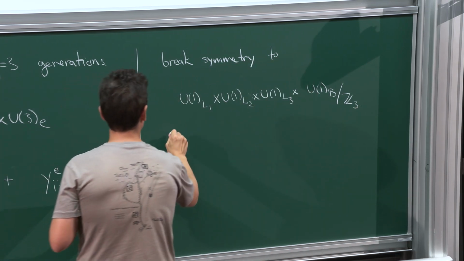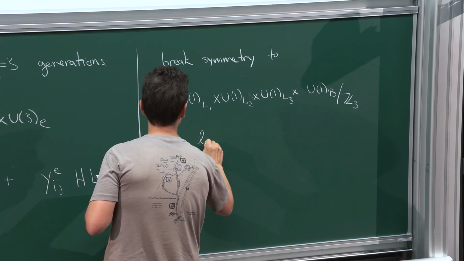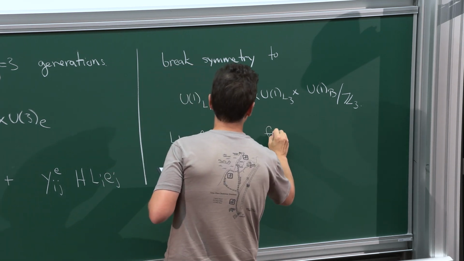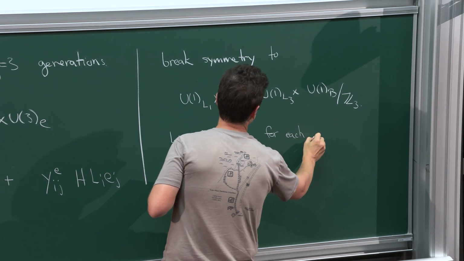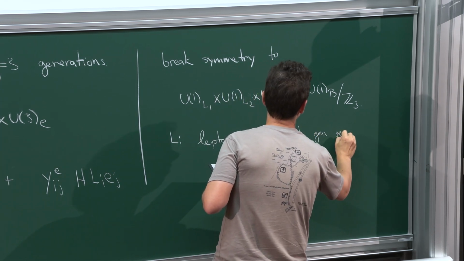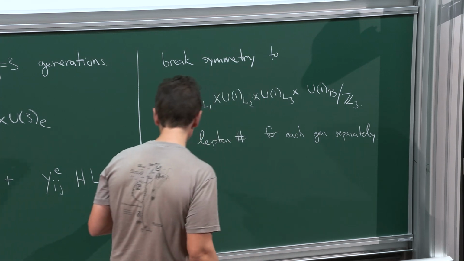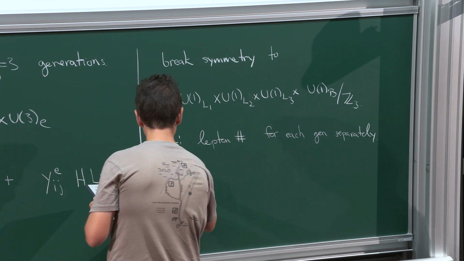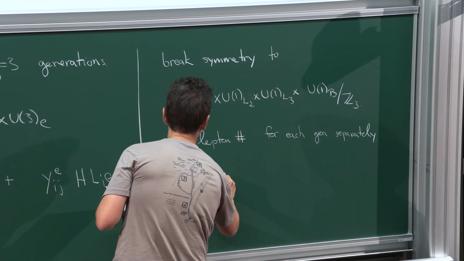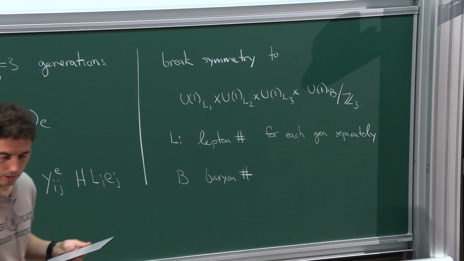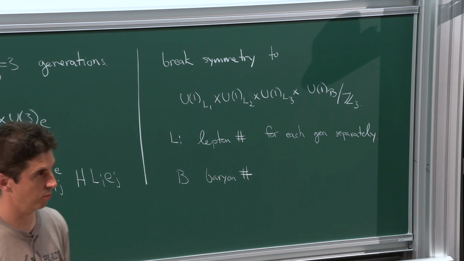So these L_i's are lepton number for each generation separately. And B is the baryon number. So again, I'm just discussing classical symmetries for the moment.